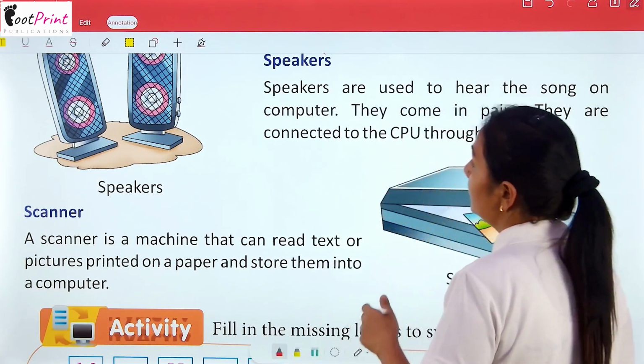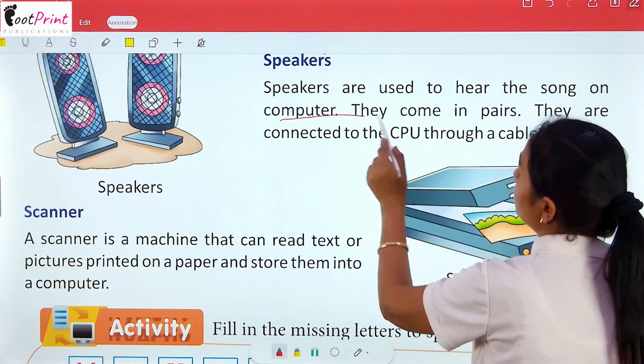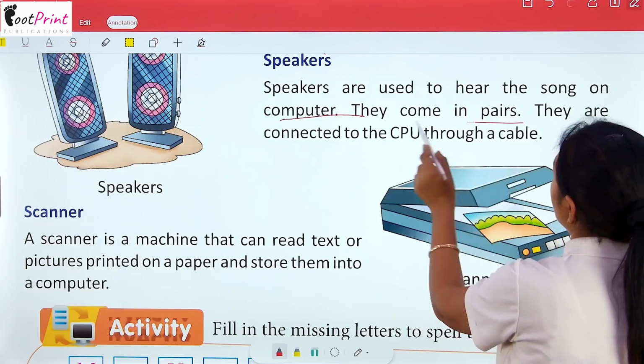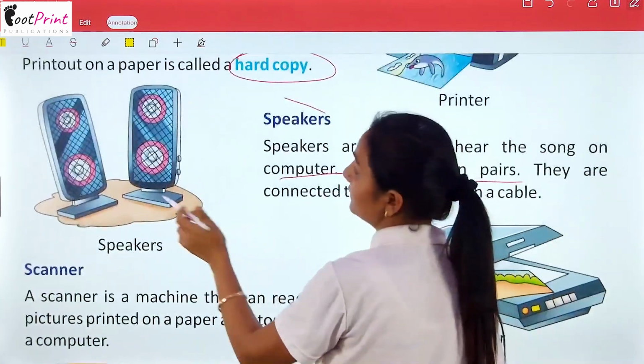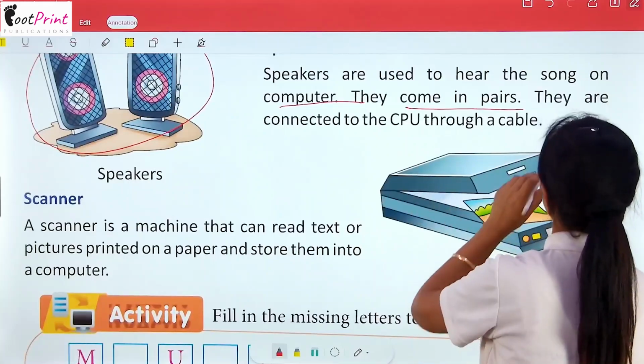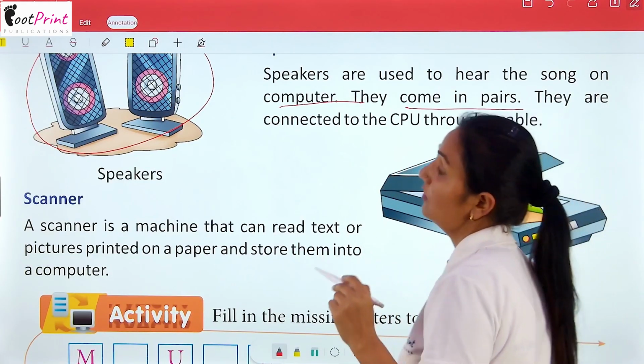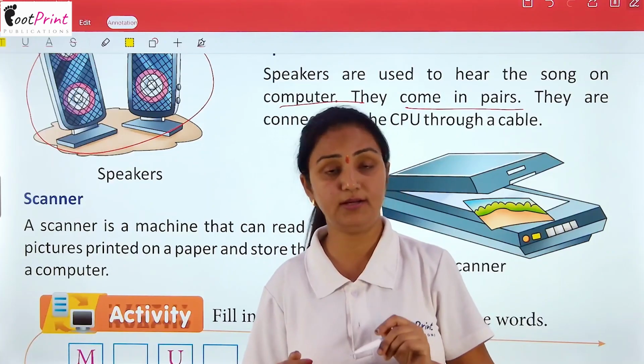Okay? Speakers are used to hear songs on the computer. They come in pairs. ये दोनों pairs में आते हैं. ठीक है? दो speaker आएंगे आपके साथ pair में. They are connected to the CPU through a cable. ये एक केबल के थ्रू CPU में कनेक्ट होते हैं.